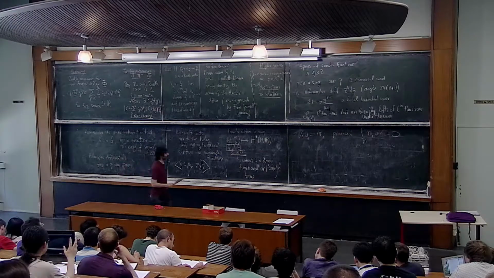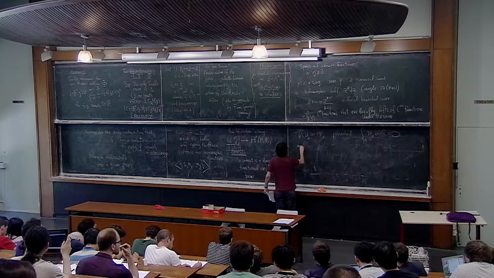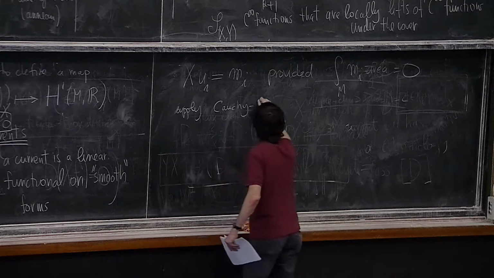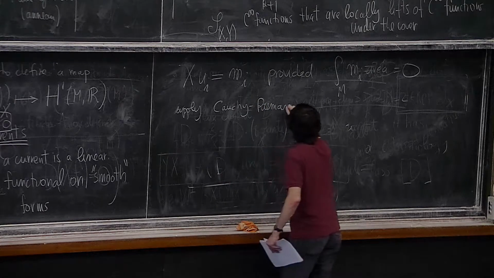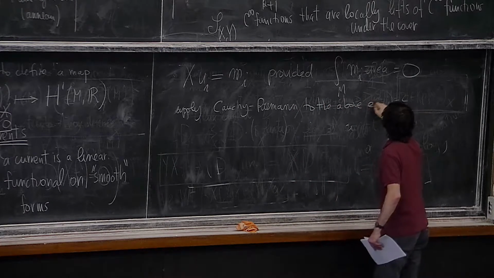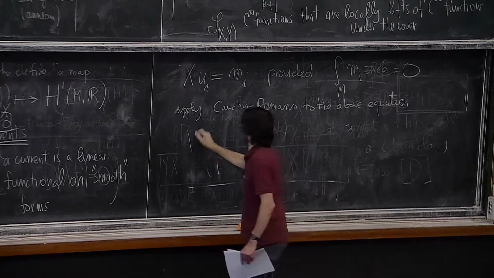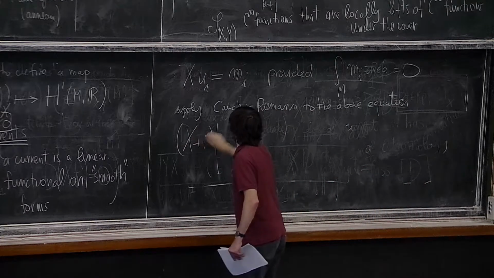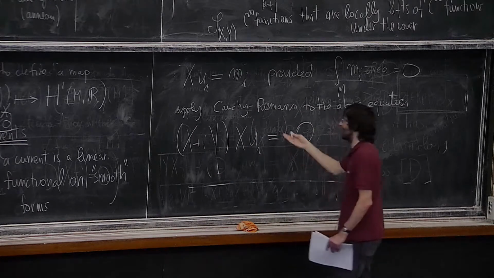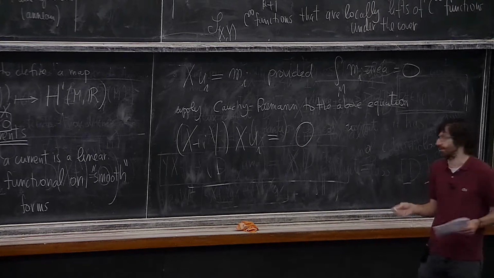So this I can do, and then I can just apply Cauchy-Riemann to the above equation. And I get, well, X(X + iY)u_i = 0. Again, a little bit of care is needed to check that this is really 0 in the distributional sense.